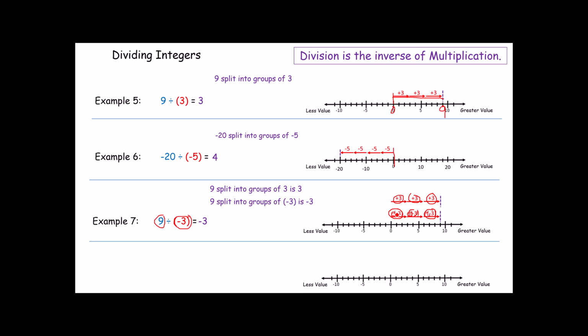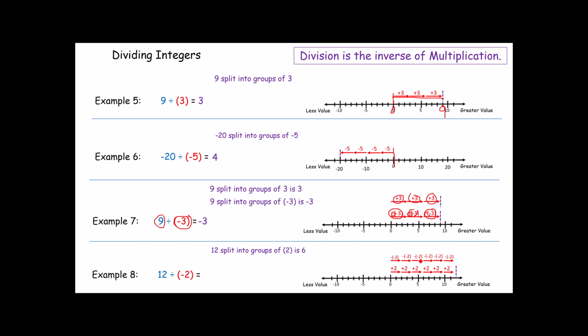Let me do it one more time for you. I have a 12 and I want to divide it into -2s. There's 12. If I take my 12 and split it into groups of 2, it's going to be 6. But I'm not splitting this into groups of 2. I want to know how many -2s it takes.